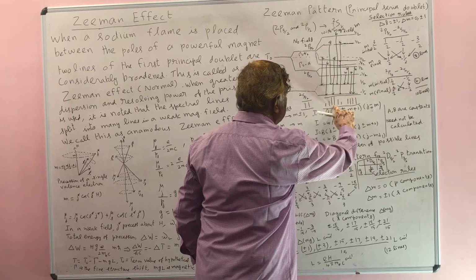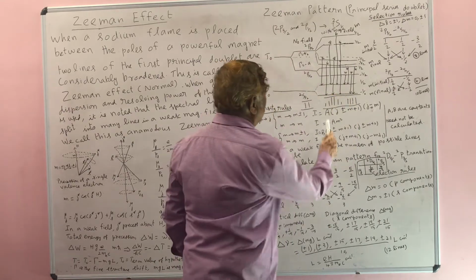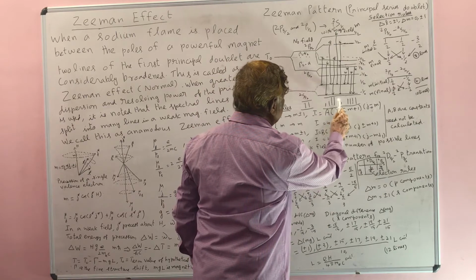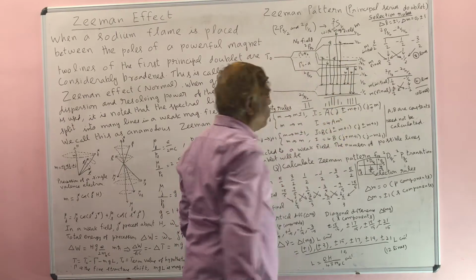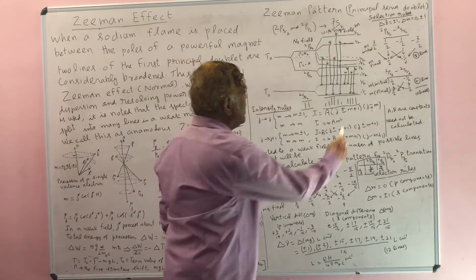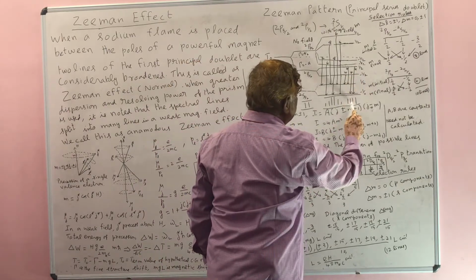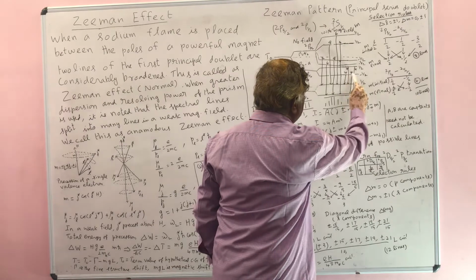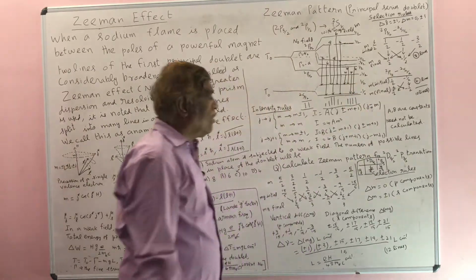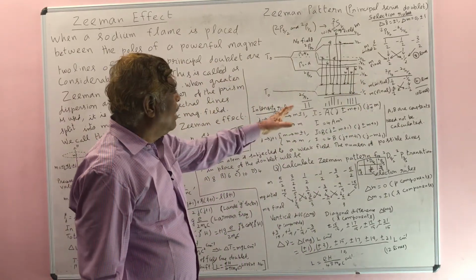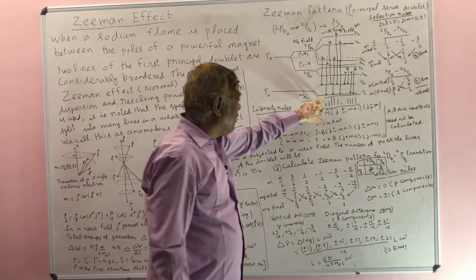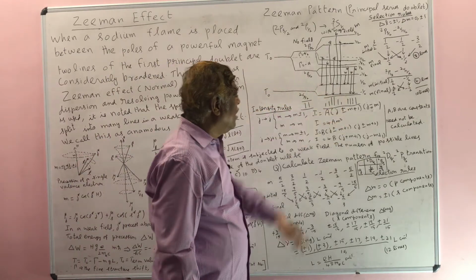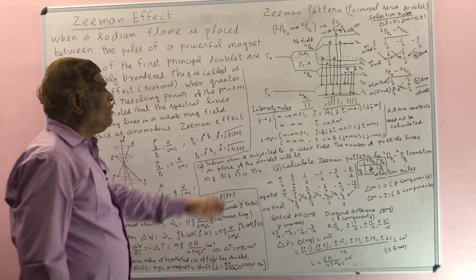There are two lines having 8 units, another two lines 6 units, and these two lines correspond to 2 units. For this transition, they are equal, 1, 2, 3, 4 units. So not only the number of lines, but the intensity of the line can also be determined from this expression.